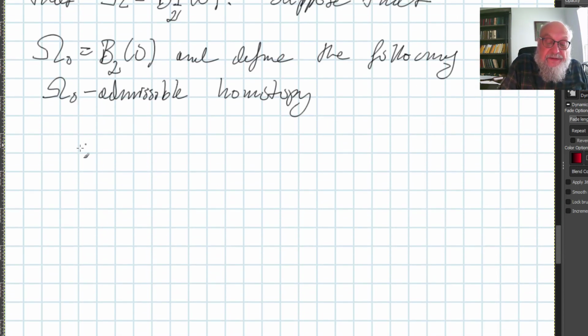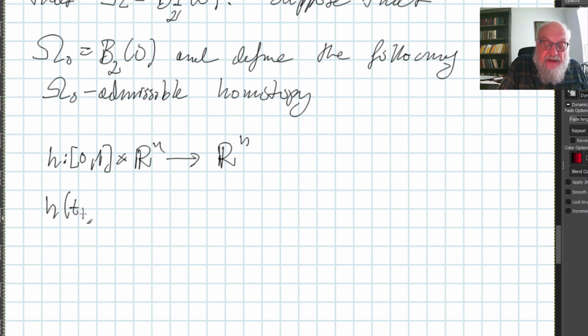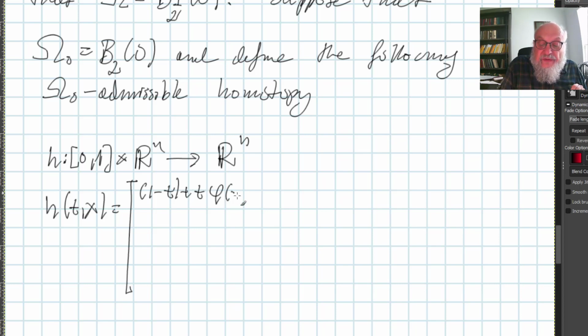So I have here H from [0,1] times Rn to Rn, and H of t, x will be given by the formula. Let me write it down like that. This is kind of important. I put here 1 minus t plus t, and I put here a function phi of x, and this will be x1. So x is equal to x1, x2, up to xn.